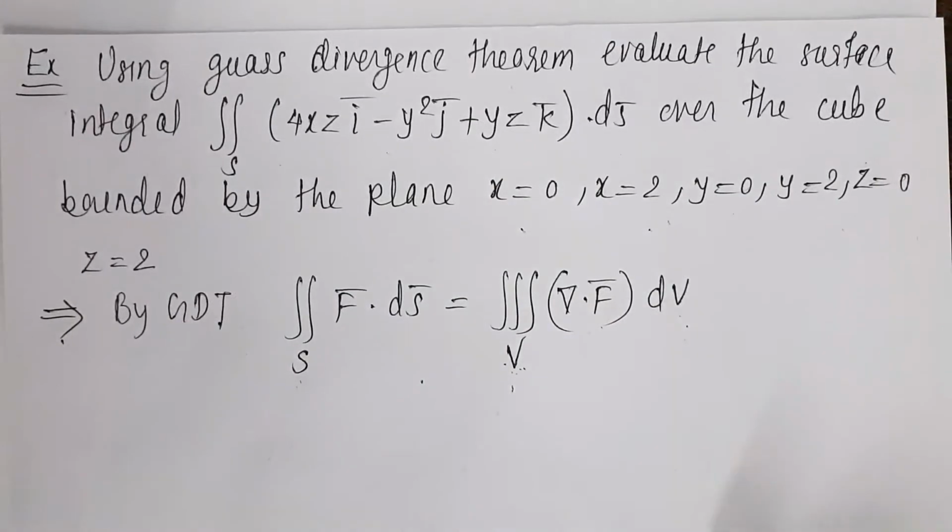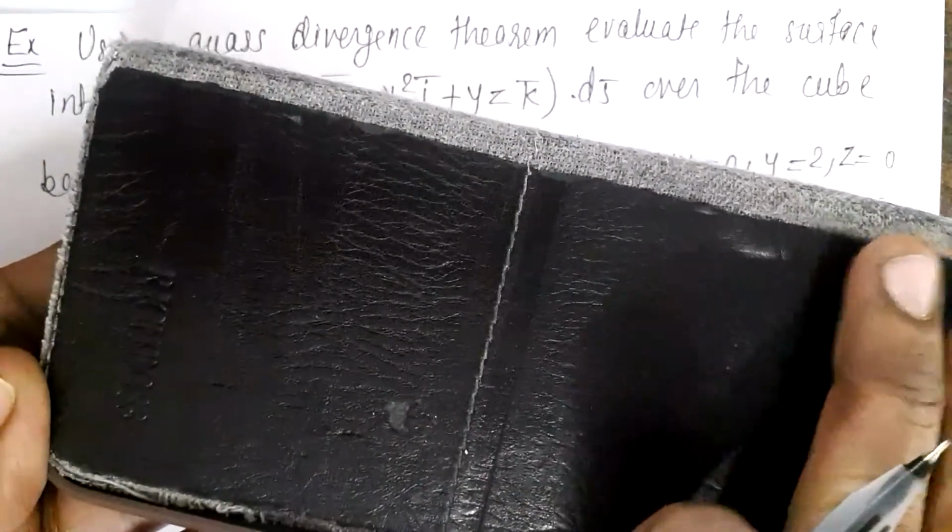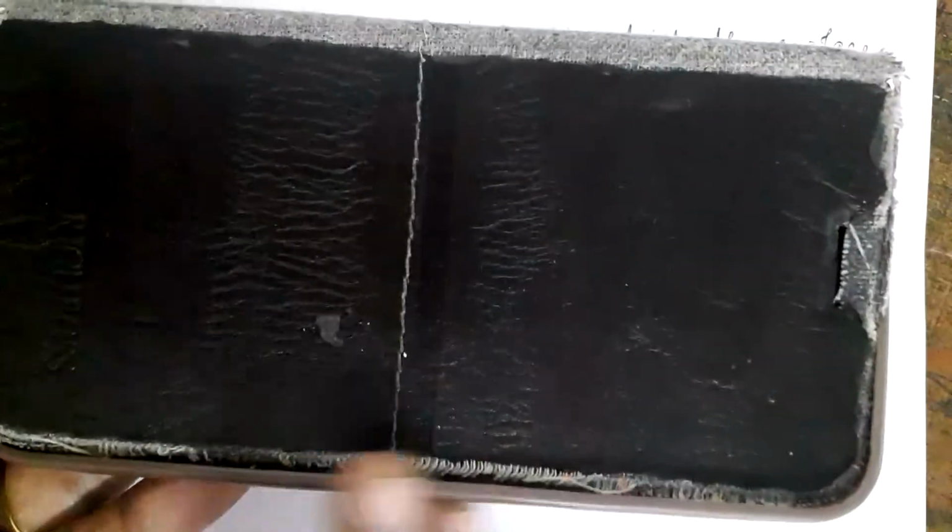What is a cube? A cube has a total of 6 surfaces. Suppose this is a cube. The first, upper surface is S1, then the next surfaces S2, S3, then S4, then S5, and the lower surface is S6.